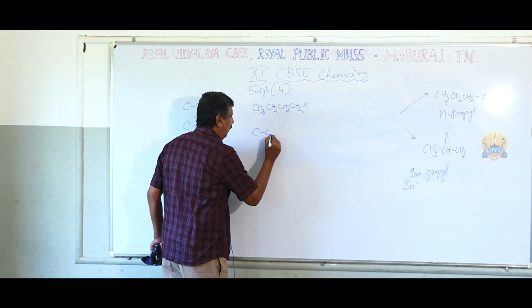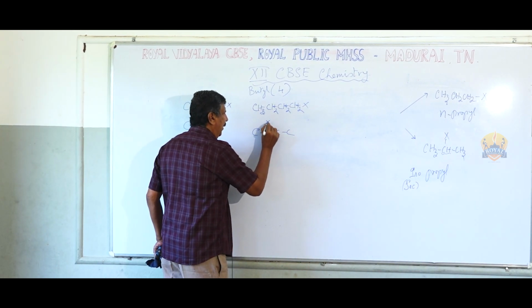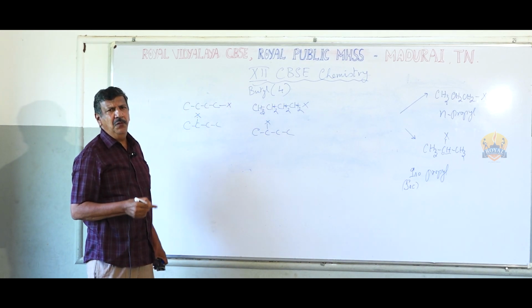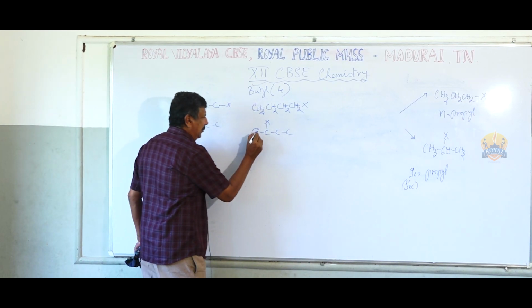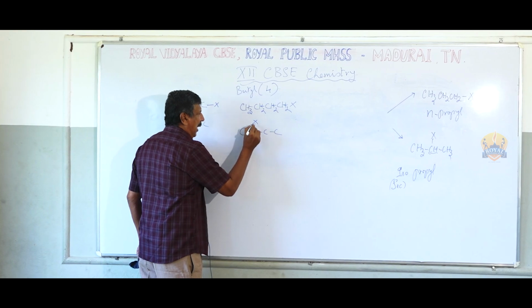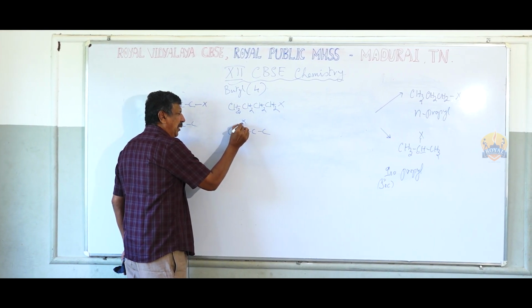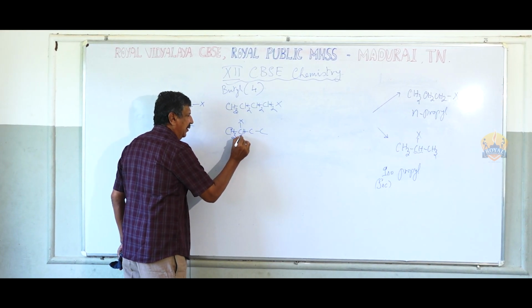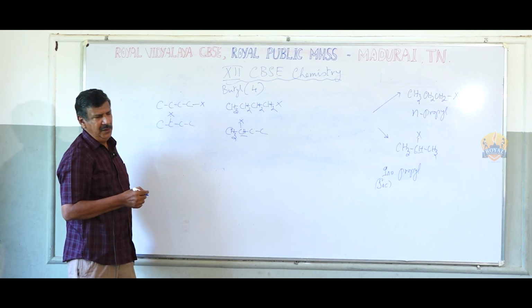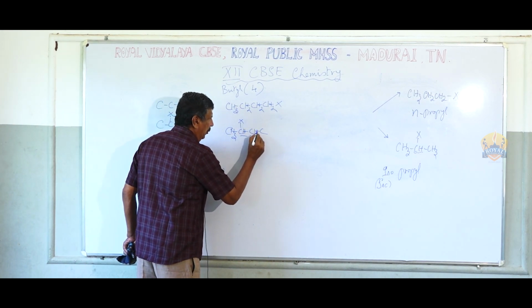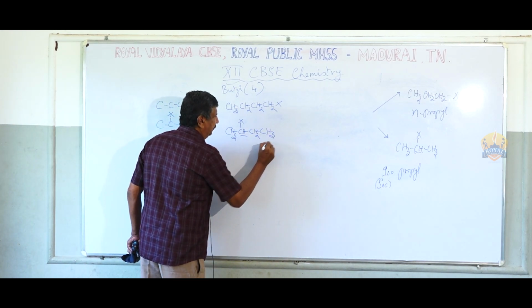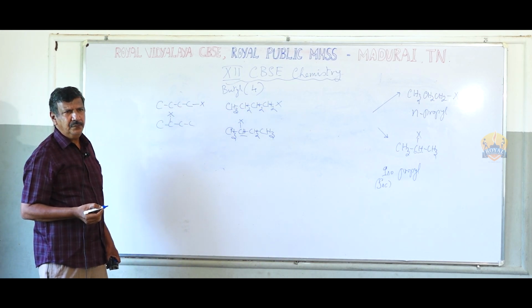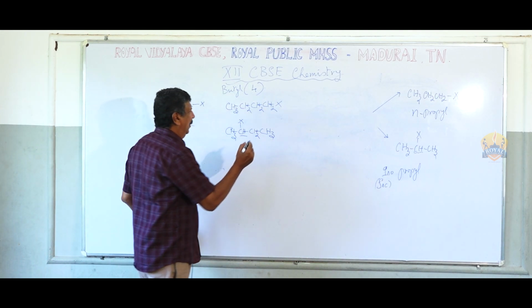How will you complete this one? You first write the skeleton form. How do you complete? CH3 having a group, so be very careful, CH. This is very important. Then CH2, then CH3. That's all. What is the name?